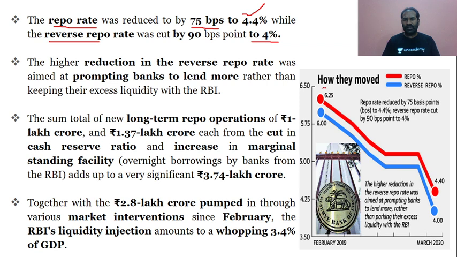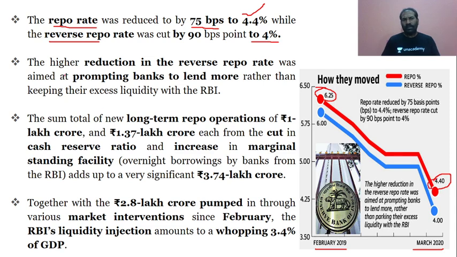So if you look at this in the month of February and compare it with March 2020: in February 2020, the repo rate was 6.25 percentage, and now it has come down to 4.4 percentage.